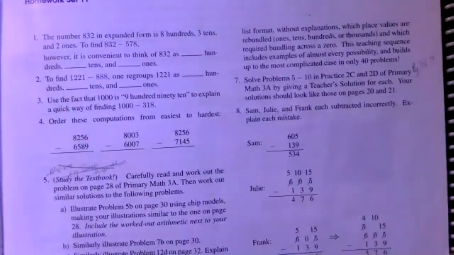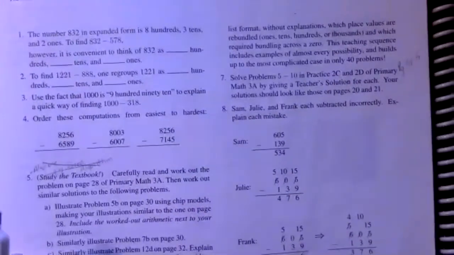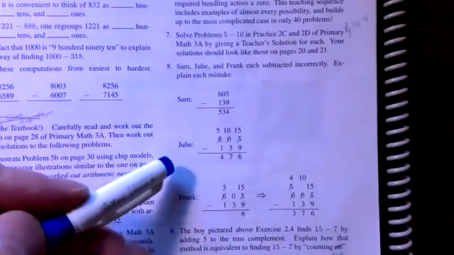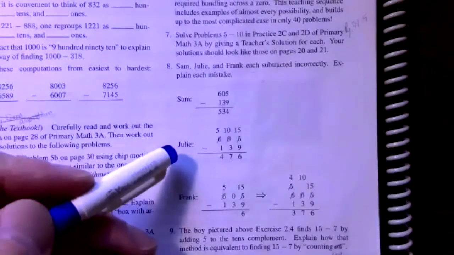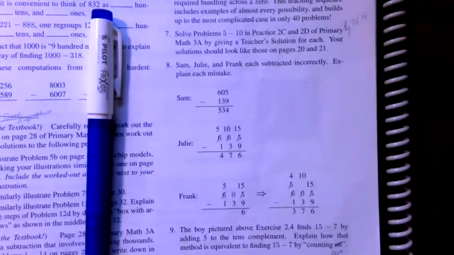This refers you to some primary math 3A stuff, so you should be good with that. This is a kind of problem that we saw in section 3.1. We are revisiting that problem, okay? So as a teacher, of course, your students are going to make mistakes. We all make mistakes.